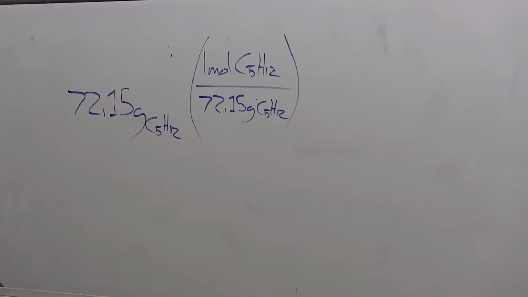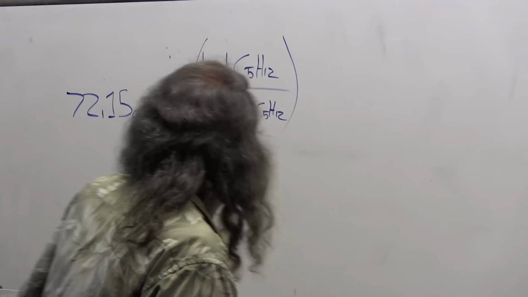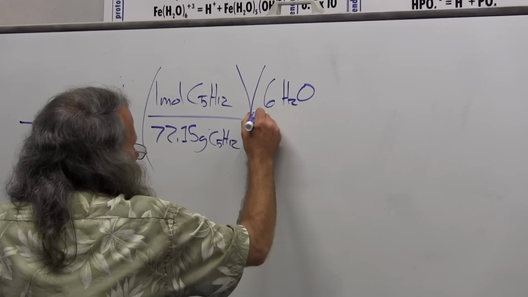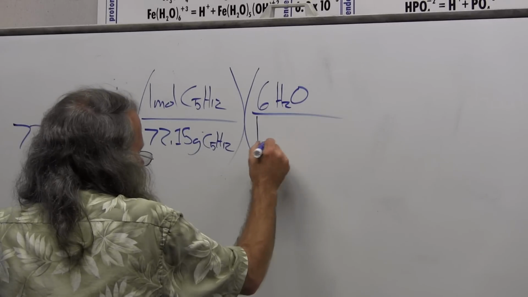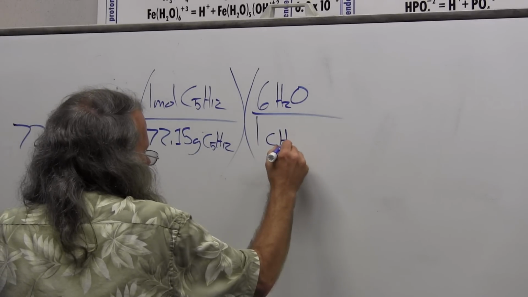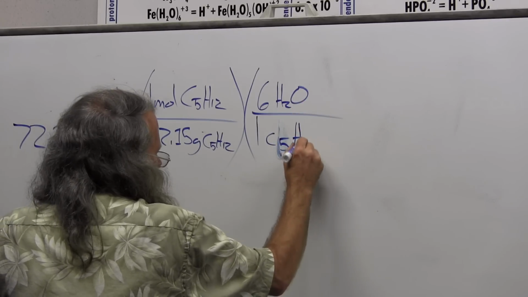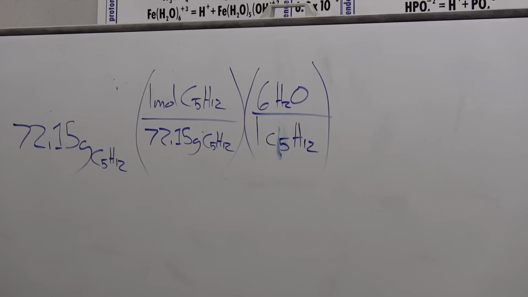And now I'm going to need to go from moles of pentane to moles of water. I'm going to need the mole ratio, which we find in our balanced equation. It turns out that there are 6 water molecules for every 1 pentane, C5H12.